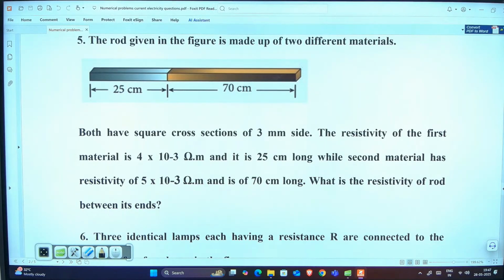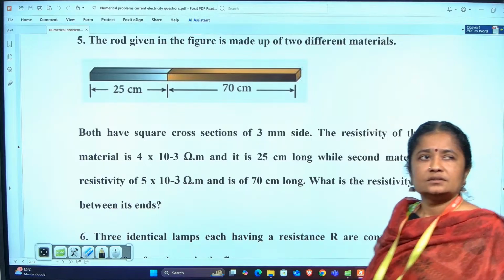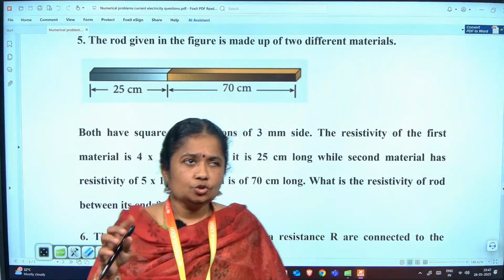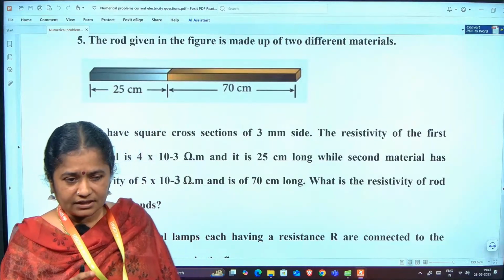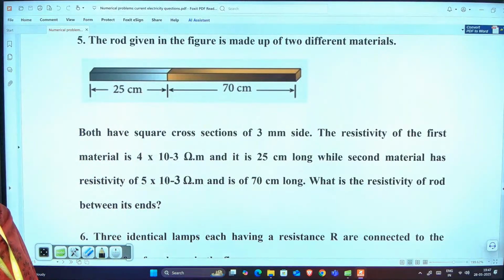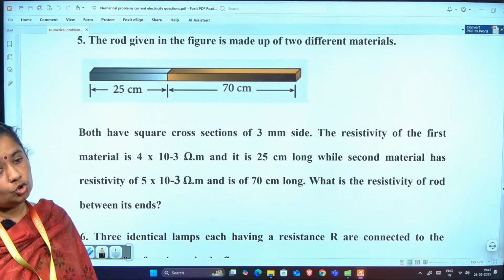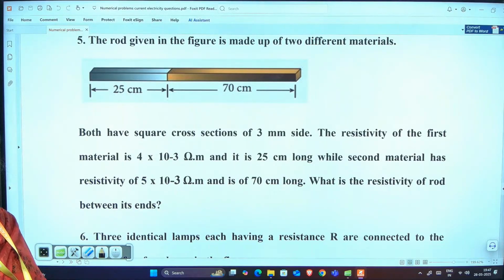10 power minus 3. That is side. So 10 power minus 3 square, 10 power minus 6. So 9 into 10 power minus 6 will be the area of cross section. Calculate the total resistance first. RS is equal to R1 plus R2, where R1 is rho 1 L1 by A plus R2 is rho 2 L2 by A again.